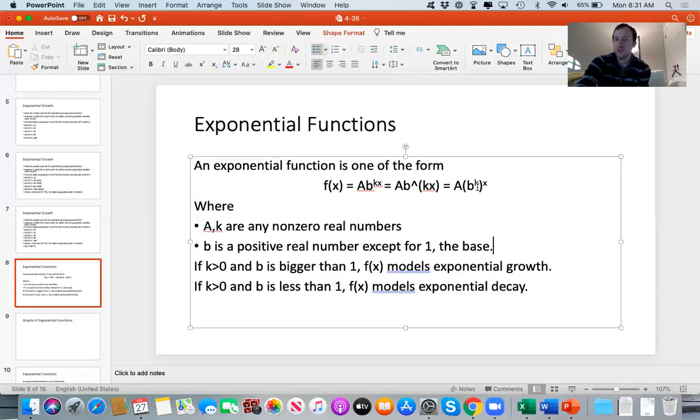But sometimes it's useful to have separated the base and this constant k, just to see how changing them changes the function, even if you could just write it as some number raised to the x power.